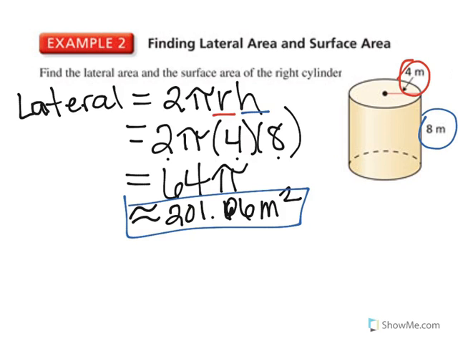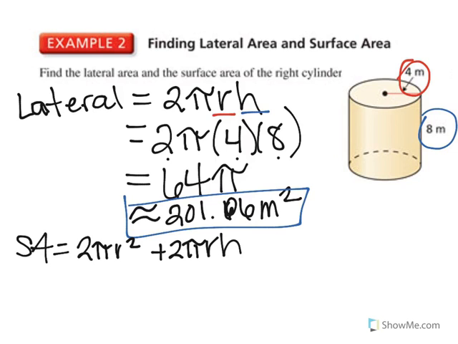Now we need to find our surface area, and if you recall from the last slide, our surface area formula is 2 pi r squared plus 2 pi r h. And we actually just found this piece up here, so we're just going to plug in what we found beforehand for this entire expression.